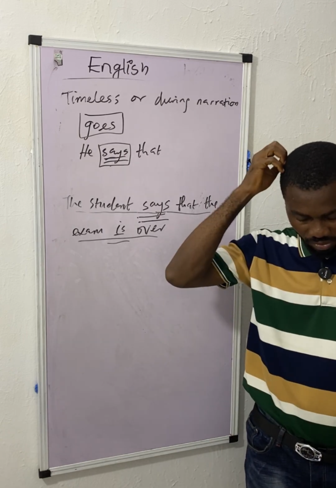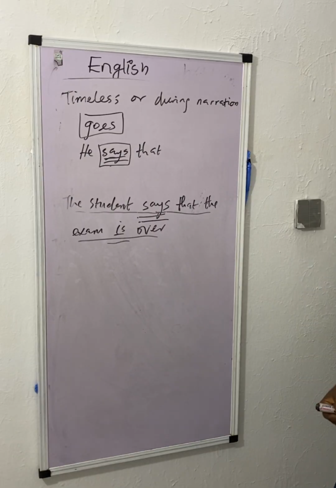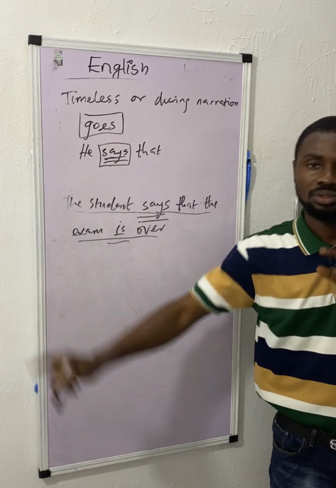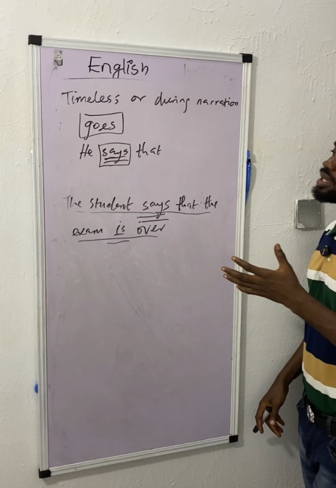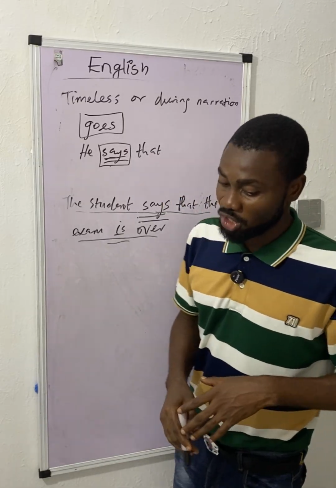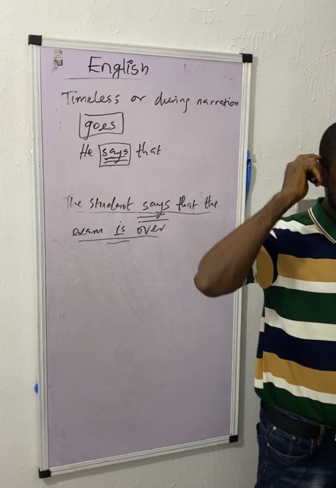For example, my father said that in Anambra rain falls in June. It's timeless. We don't know the limits to where the rain falls then stop. So what we are aware of is that rain falls in June.